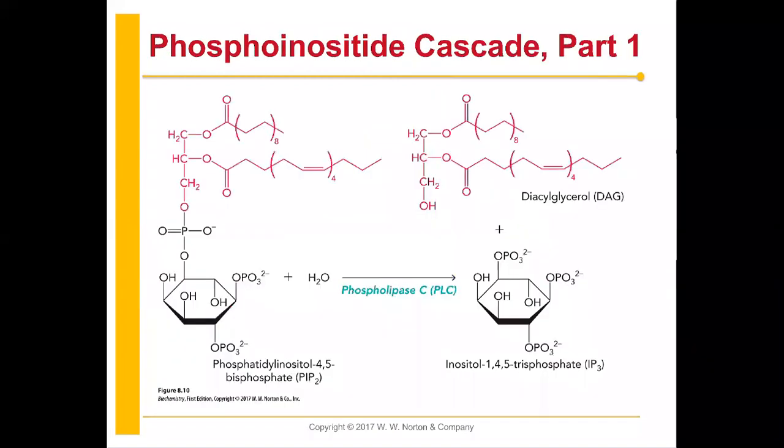Big overall concept there. So we're going to talk about another secondary messenger. Well, we're going to talk actually about 3 of them: DAG, IP3, and calcium 2+.